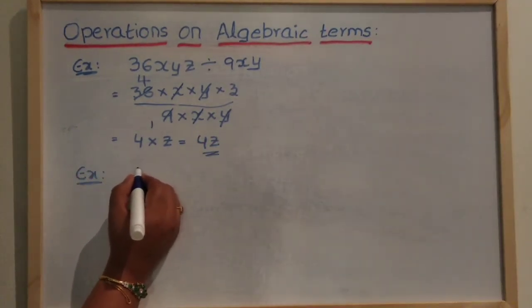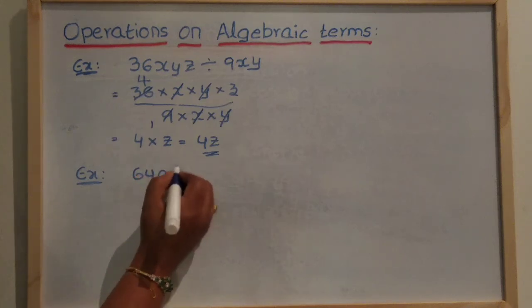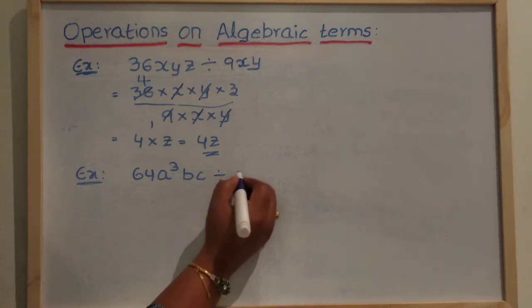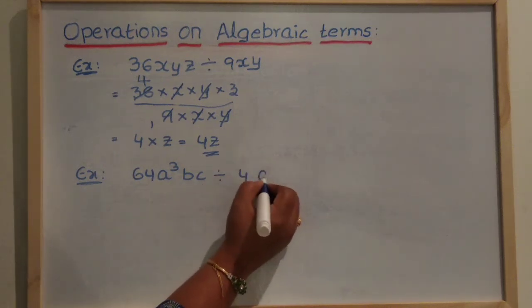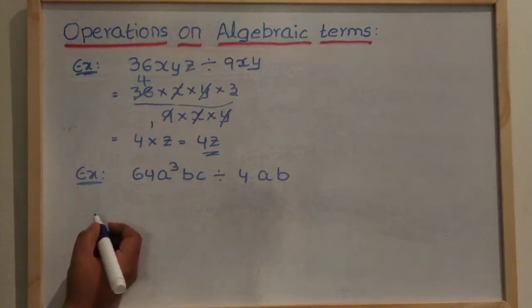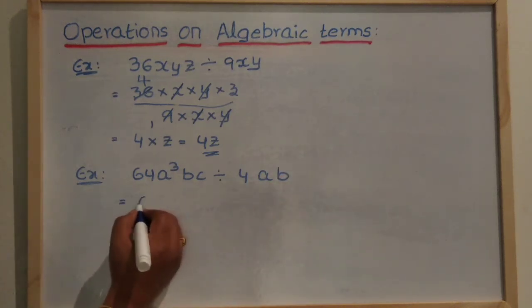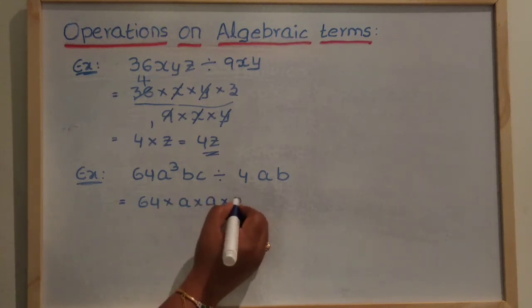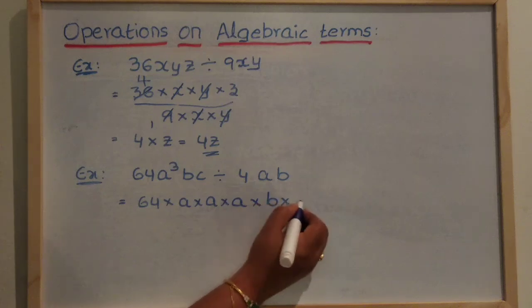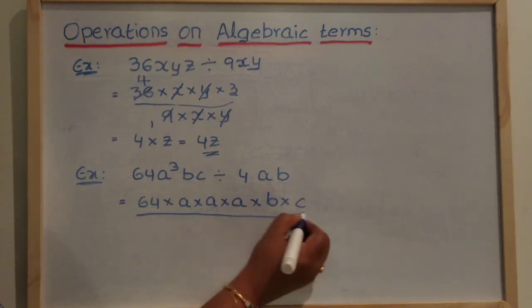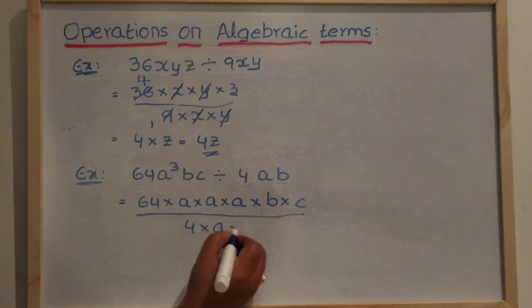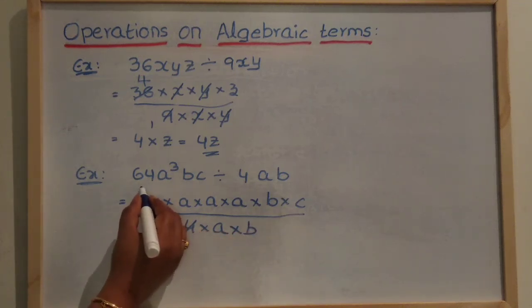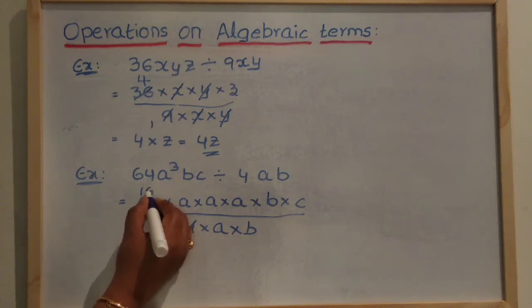Consider one more example. 64a cube bc divided by 4ab. This can be written as 64 into a into a into a into b into c divided by 4 into a into b. 4 divides 64, 16 times.